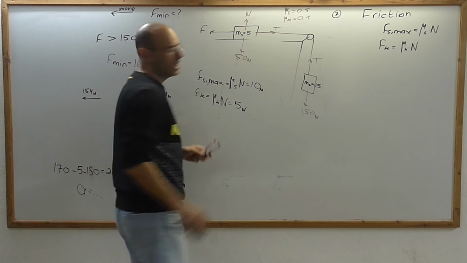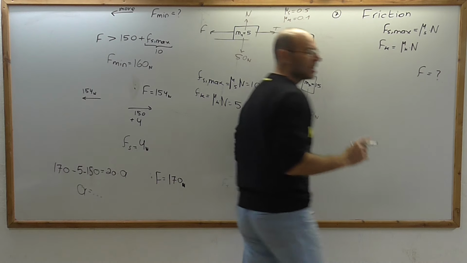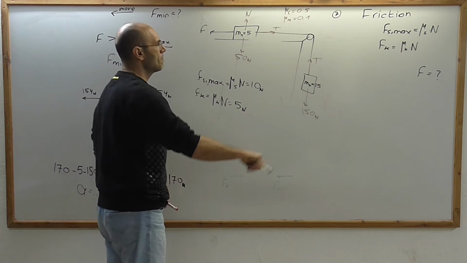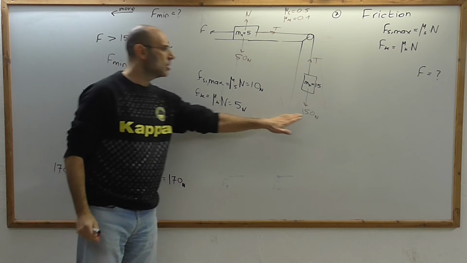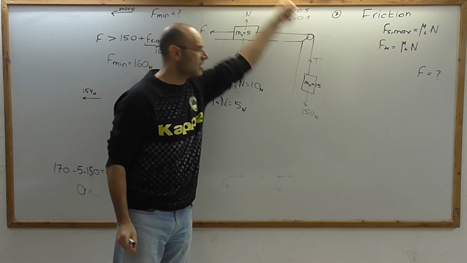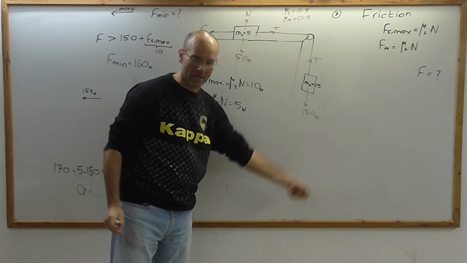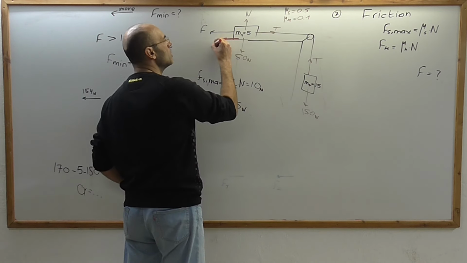Let's wipe it off. I want F such that the system will go that way. So first of all, I know that F must be less than 150, because if it's less than 150, the tendency will be here. And if the tendency to go will be here, the friction will be there.